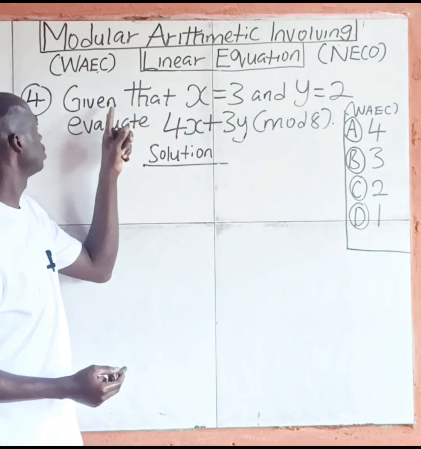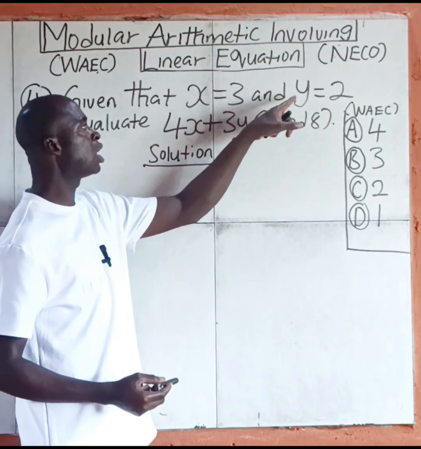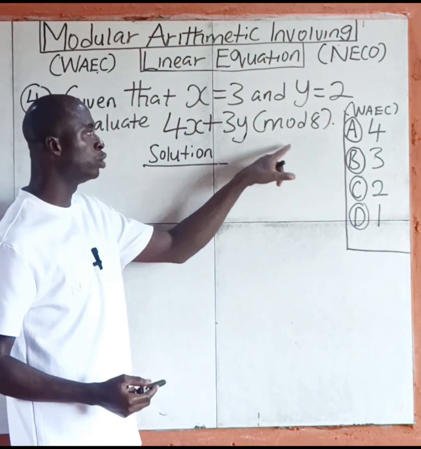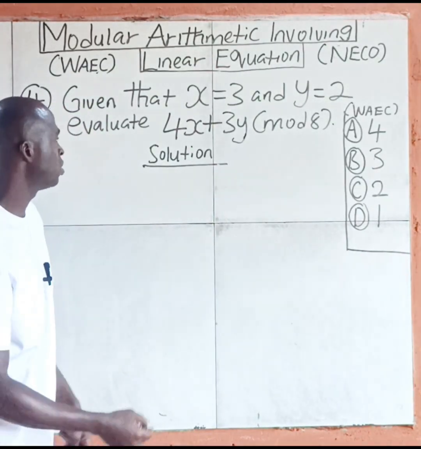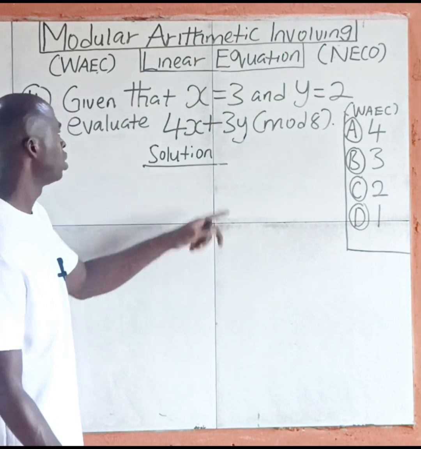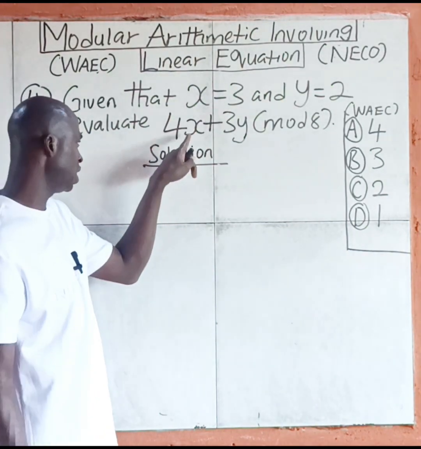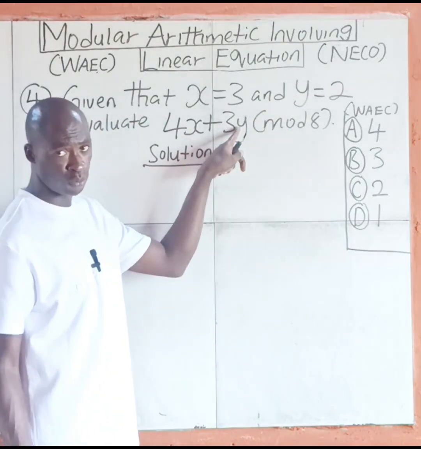Now, question 4 says, given that s is equal to 3 and y is equal to 2, evaluate 4s + 3y mod 8. The very first thing you need to do here is interpret your question. Anywhere you see s, you substitute this value of 3 into it. Anywhere you see y, you open a bracket and put your 2.